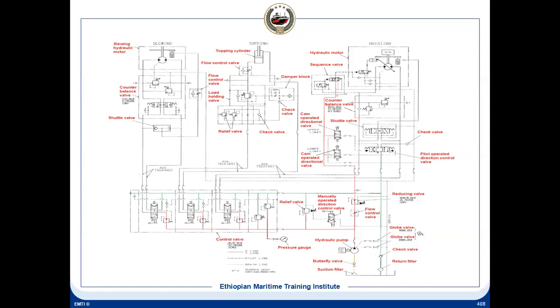Container vessel, the crane's movement has to be very, very precise. There should not be any jerky movement. So there it is electronic control. But finally it is electronic together with the hydraulic. So electronic hydraulic control will be there.